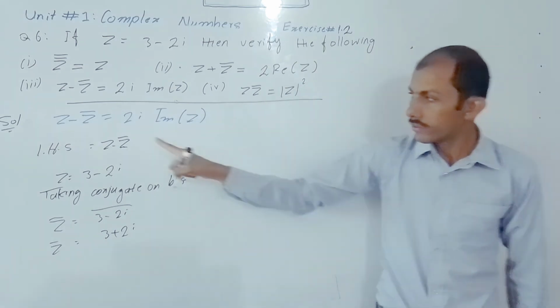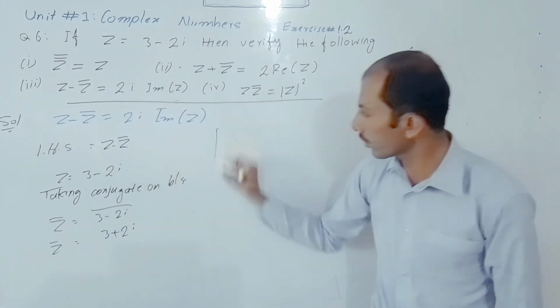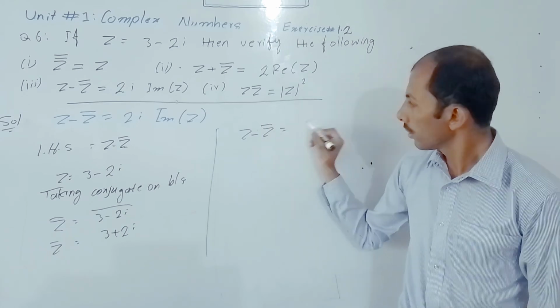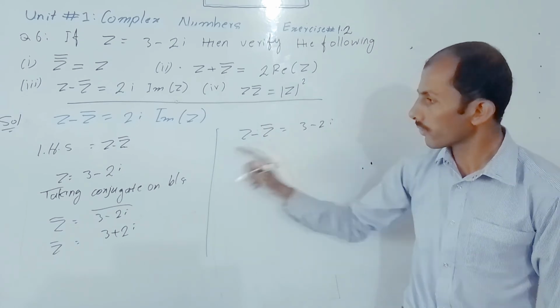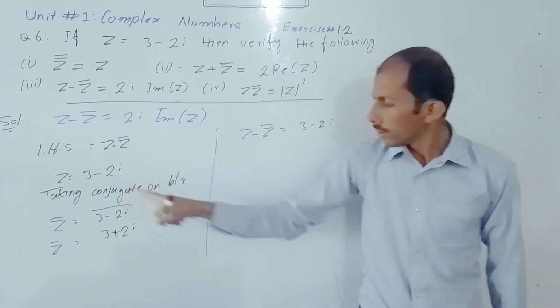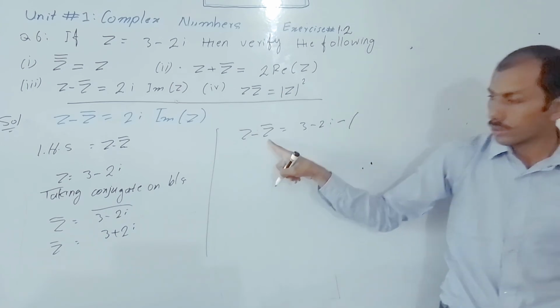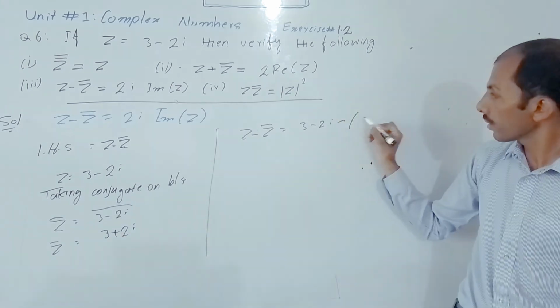So next, z minus z conjugate is equal to 3 minus 2i, z minus z conjugate is equal to 3 plus 2i.